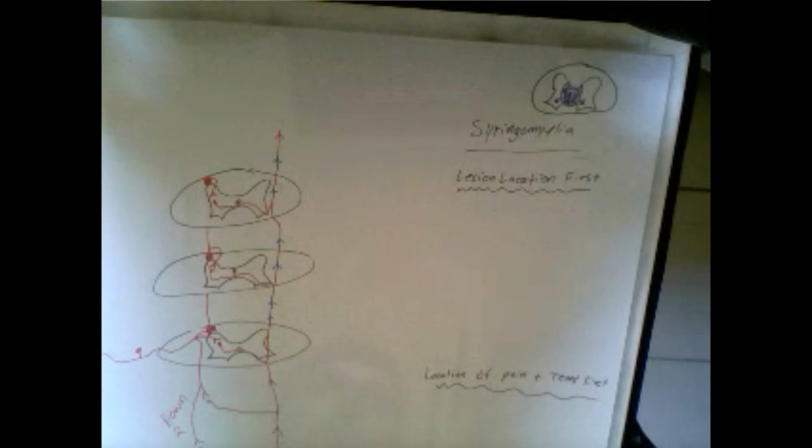I'm going to give you some tips and tricks and an analogy so that you can understand each of these syndromes. So let's go ahead and talk about, firstly, syringomyelia. Again, I'm going to emphasize this point, it is a swelling of the central canal, which is this purple right here. And this impedes the ability of our pain and temperature fibers to cross at the central commissure.